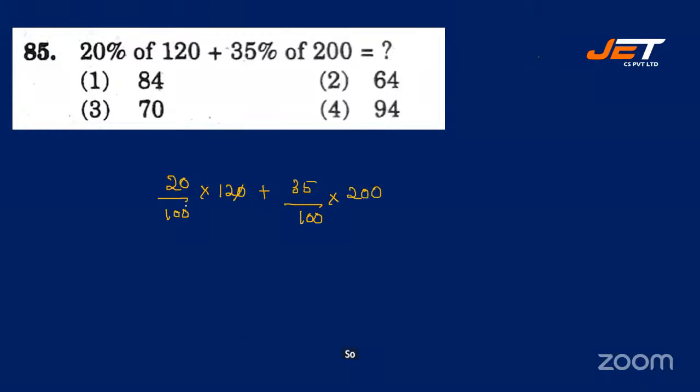So 0, 0 gets cancelled, 0, 0 gets cancelled. So 12 twos are 24 plus. I have 2 zeros already getting cancelled. So 5 twos are 10, 3 twos are 6 plus 1, 7. So it is 94, right? All right. So it should be 94, option 4.